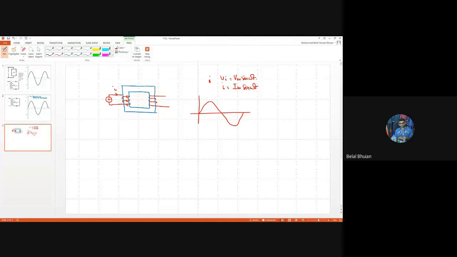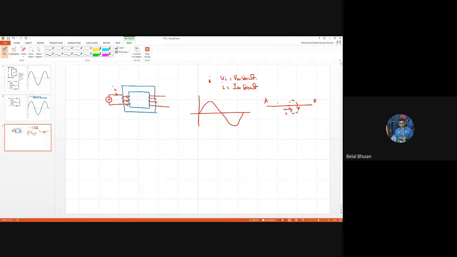Now if you remember from your magnetic circuit concept, or from intermediate physics or A-level physics, when a current is flowing through a wire, from position A to position B, it creates a magnetic field around it.